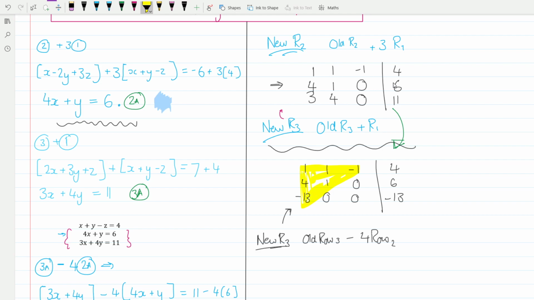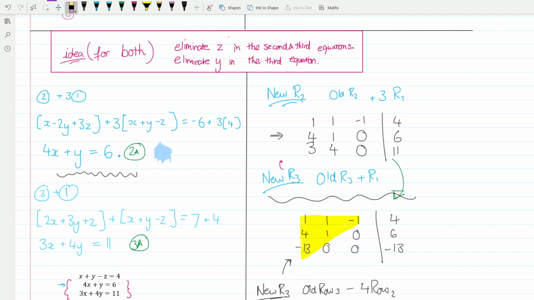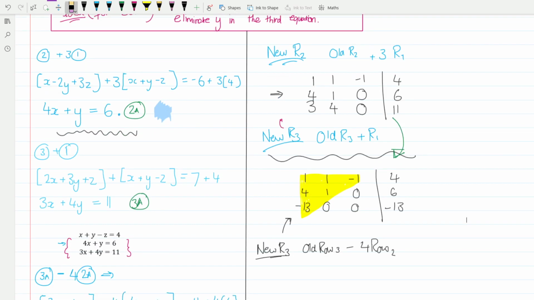Right, so you have an upper left triangle with elements that aren't 0, and you have a lower right triangle that are all zeros. And if you have a system like this, you can easily work out what the solutions to the simultaneous equations are, just reading backwards. So just to finish off, let's just write this system here as equations with x, y, and z in them.